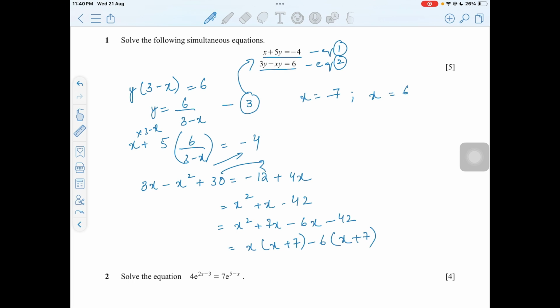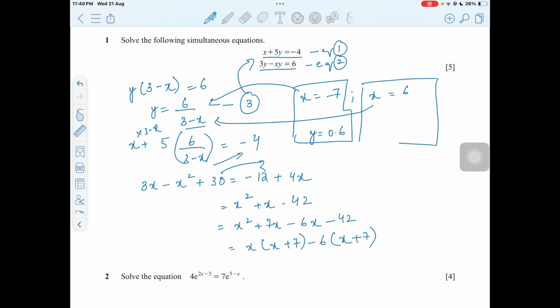We can plug in x equals negative 7 over here and x equals 6 over here. So when we plug in negative 7 over here, so this would be positive 10. 6 over 10 is basically 0.6. Sorry, this would be y equals 0.6, right? So this is our first part, and this would be our second.